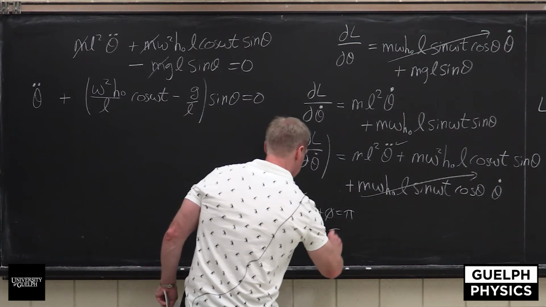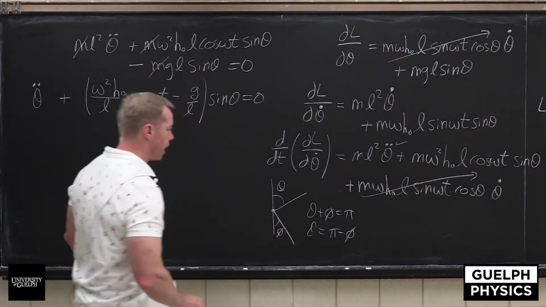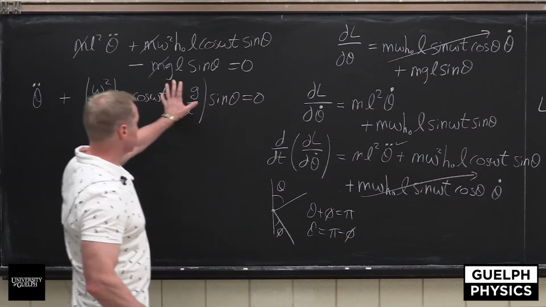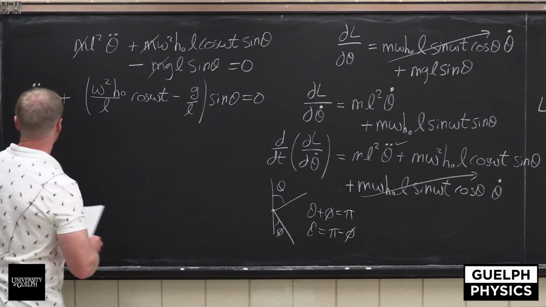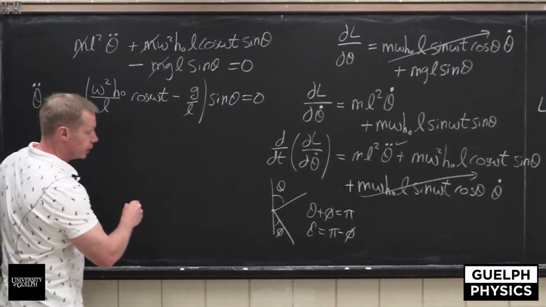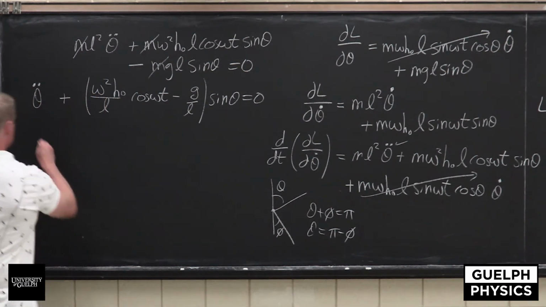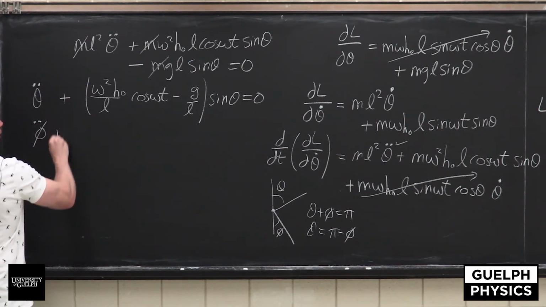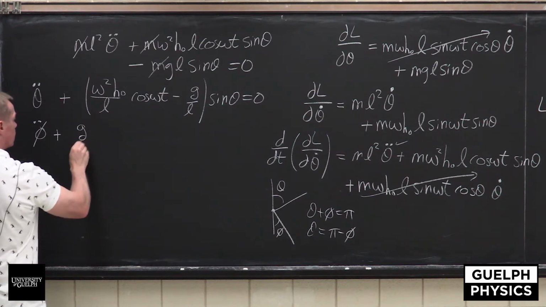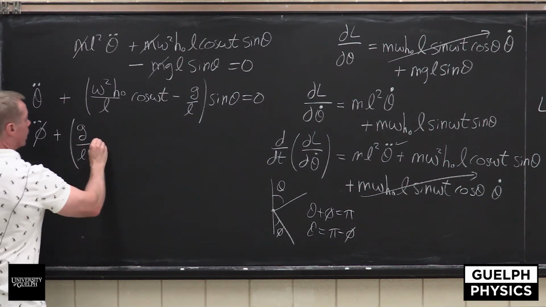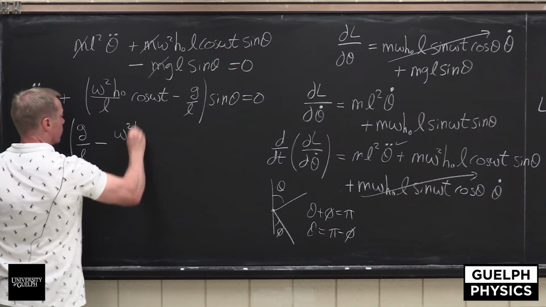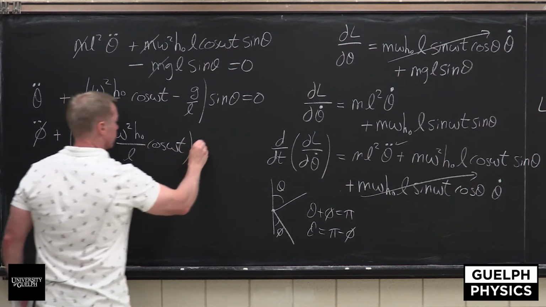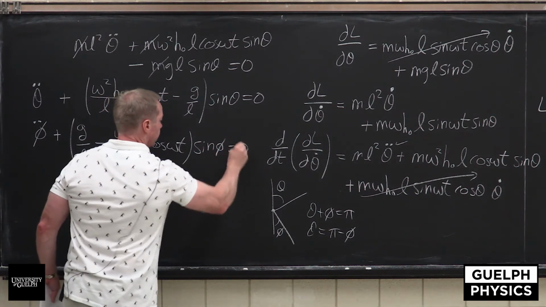So theta is pi minus phi. And I substitute that in here, but that just introduces a negative sign. So I can rewrite this in terms of phi double dot plus g over L minus omega squared h naught over L cos omega t sine phi equal to 0.